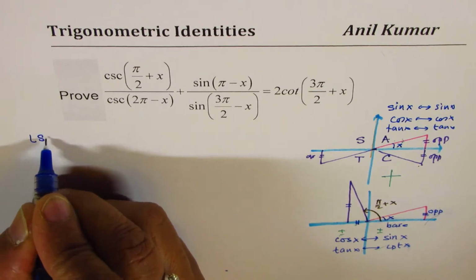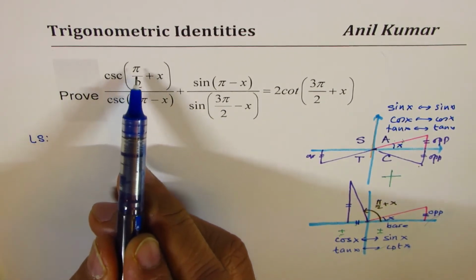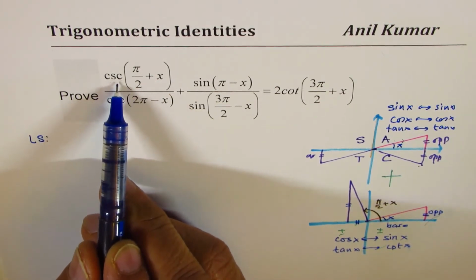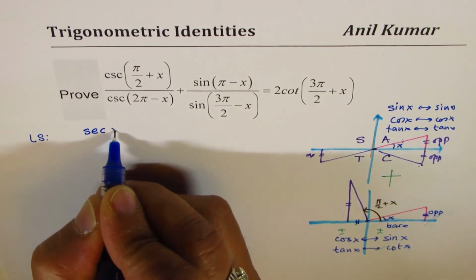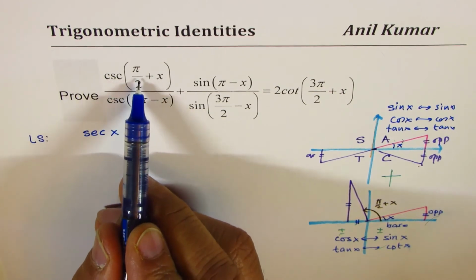Left side. The first expression here is cosecant(pi/2 + x). Cosecant will change to secant, so let me write this as secant x. Now we'll check the sign.